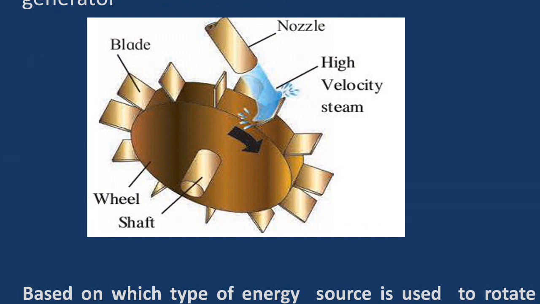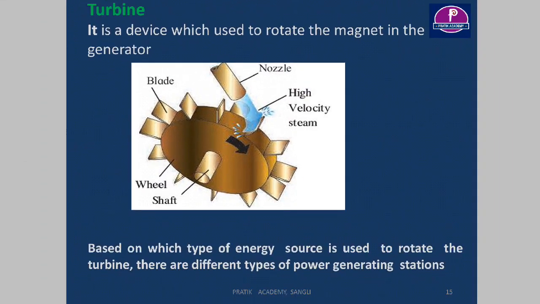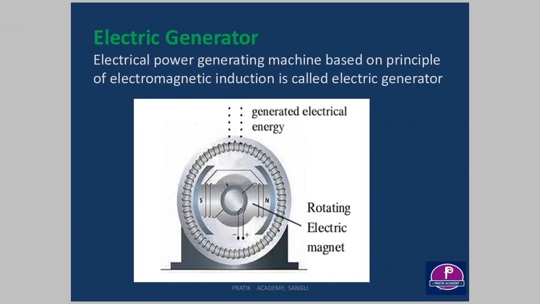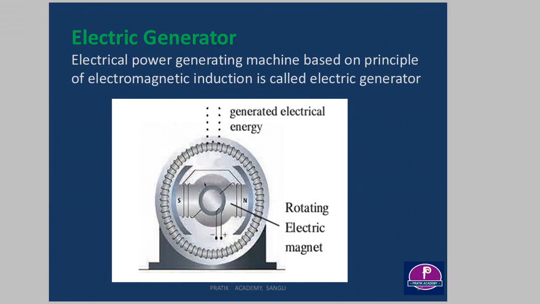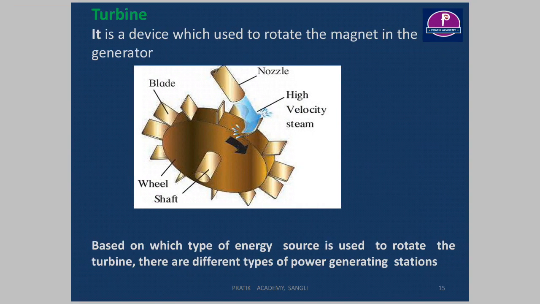When this turbine starts rotating, this shaft is connected to the shaft of the rotating electric magnet, and the magnetic field starts rotating, and when it rotates, we generate electric energy at the output of this generator. So this is the basic idea. We require some energy to rotate or drive this turbine.